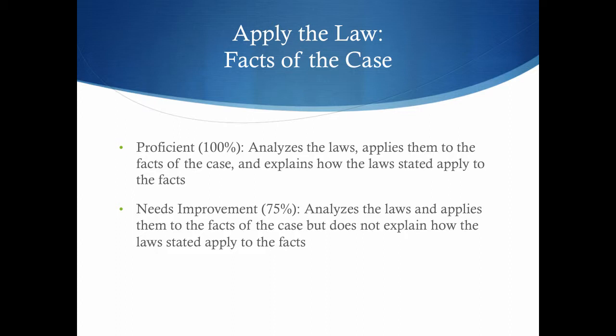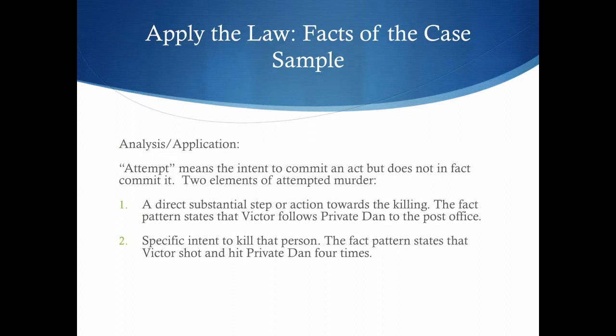If all you do is analyze the law and apply them to the facts in the case, but you don't explain how the laws stated apply to the facts, you only get 75% of the points. And remember, this is the university's rubric. So here would be a sample of that, and this actually is 2 slides before we get to the end of this.